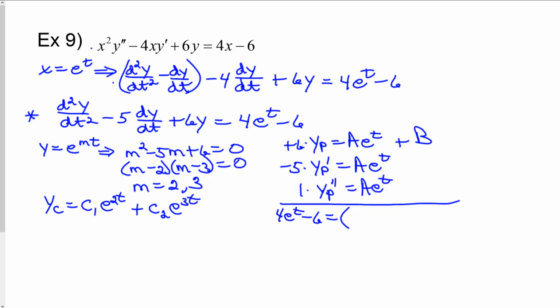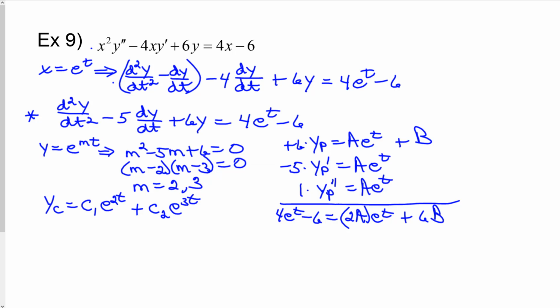So when you do that math, a minus 5a plus 6a gives me 2a e to the t. I always like to check that step so I don't make any arithmetic errors. And then plus 6 times b is all that's left.